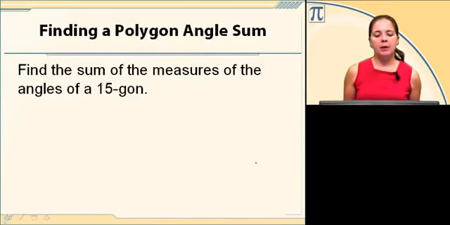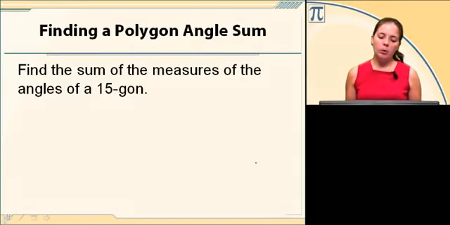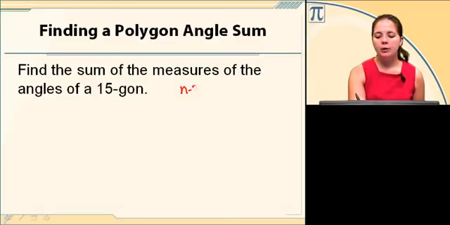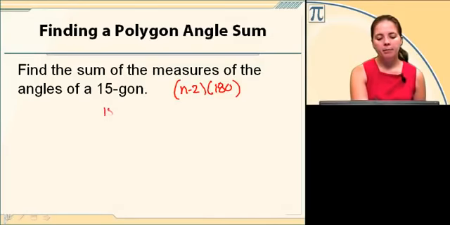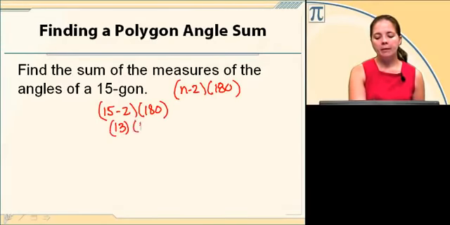Find the sum of the measures of the angles of a 15-gon. Okay, so we're going to take n minus 2 times 180. n is 15. Take 15 minus 2 times 180. So that's 13 times 180.